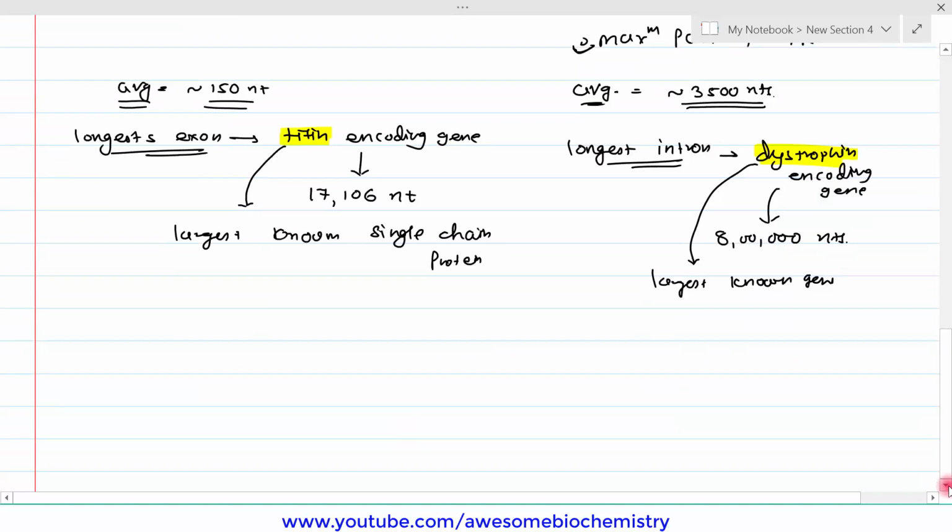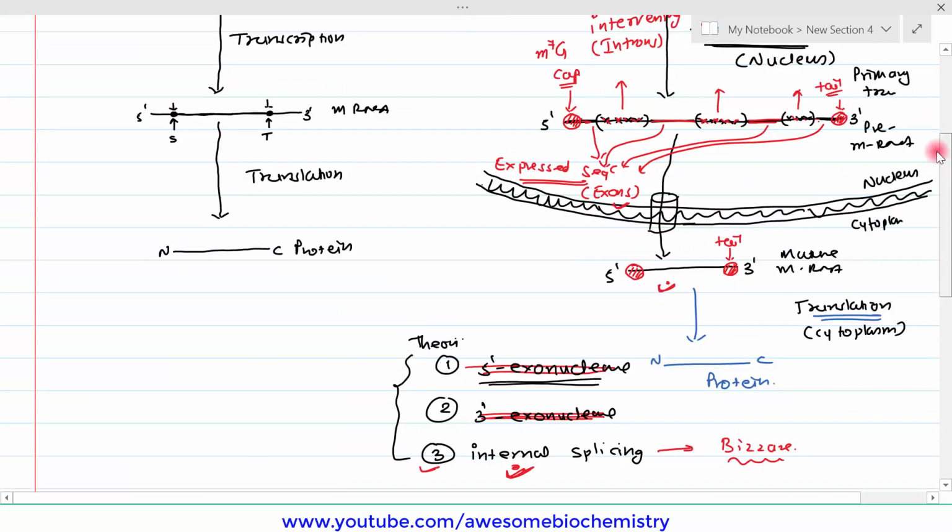Okay. Now, you may think, how many introns can occur? The minimum limit is 0. Most of the eukaryotic genes contain introns, not all the genes. So a minimum of 0 introns can be seen. That means it just acts like a prokaryotic gene.